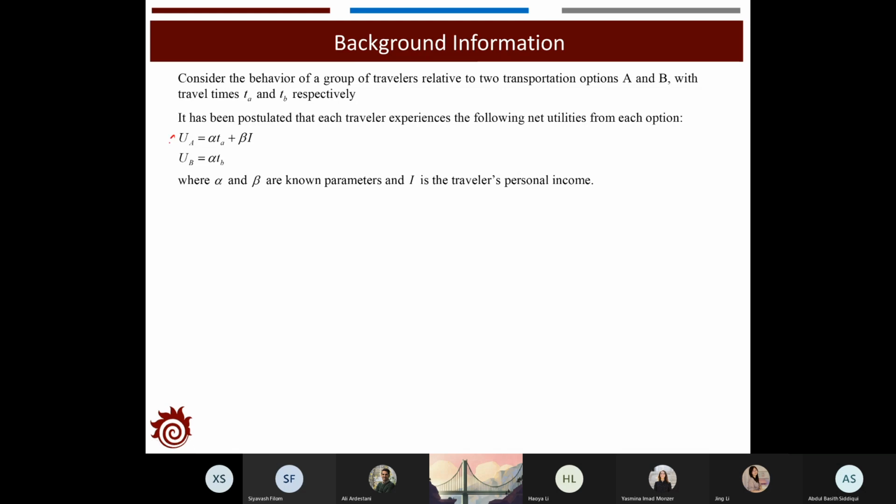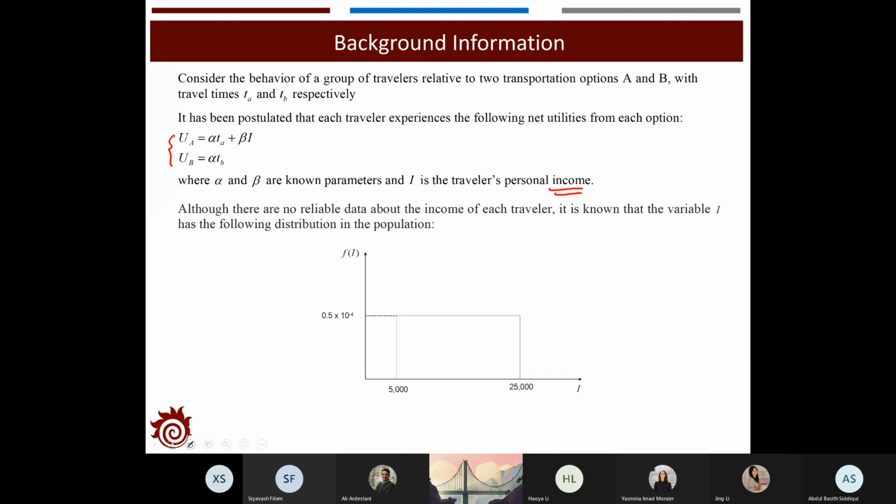For mode A, UA equals alpha times TA plus beta times I, and I here is the income level. And the utility of B is not related to the income, so UB equals alpha times TB. That's the definition of the utilities for the two different modes.